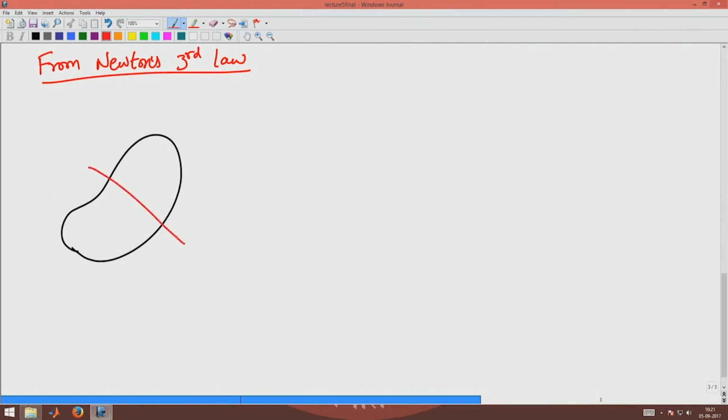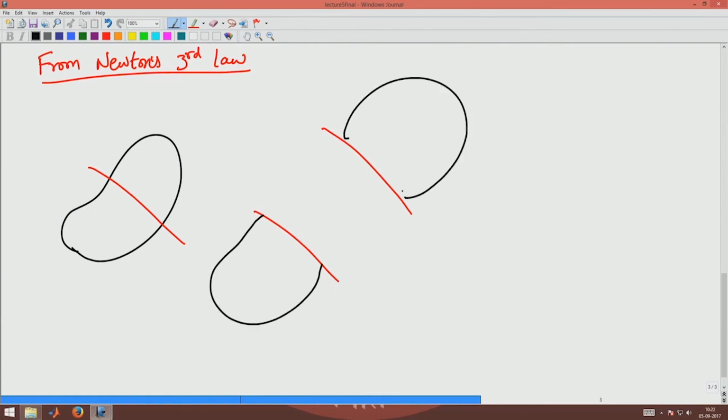If I cut it like this, what happens? The traction acting on this cut surface on the opposite sides of the body, this is the distributed traction acting on this cut surface.